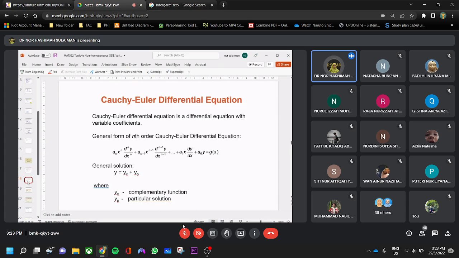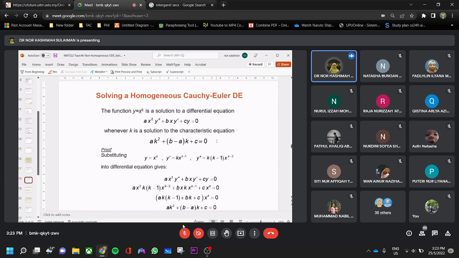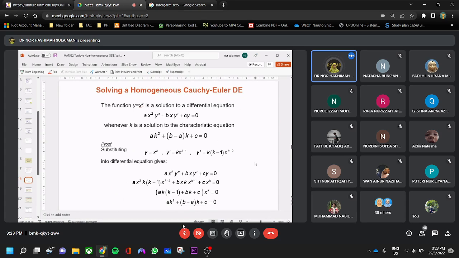Right. So how do we come up with the characteristic equation for a Cauchy Euler differential equation? Let me explain how the form of the characteristic equation is derived.